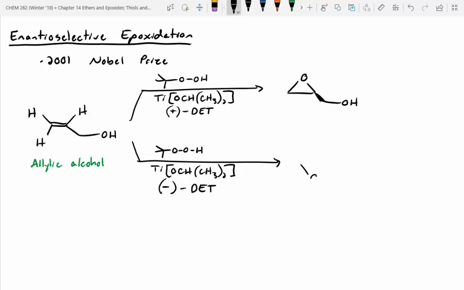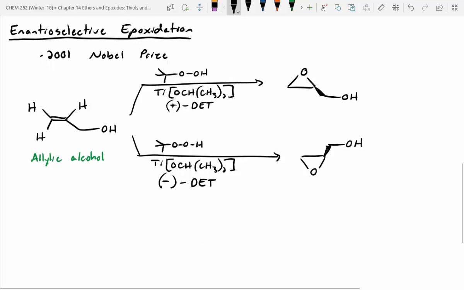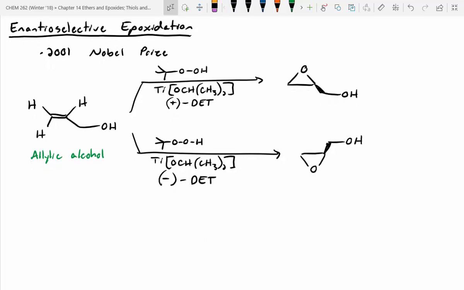And just like I said, we'd get the mirror image of this. This was revolutionary for natural product synthesis and allowed chemists to do a lot more interesting chemistry than they could have before. They didn't take that immediate 50% hit every time they made an epoxide. They were able to make it in almost 99% enantiomeric excess or higher.